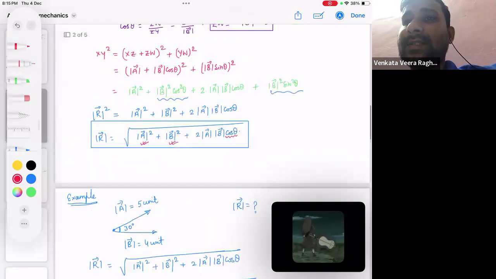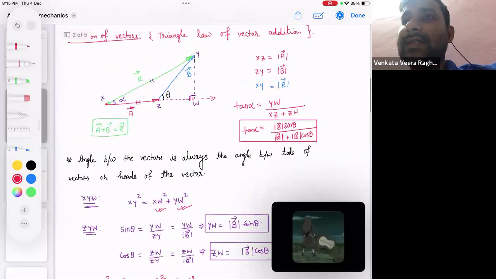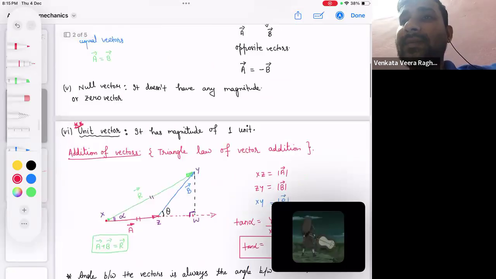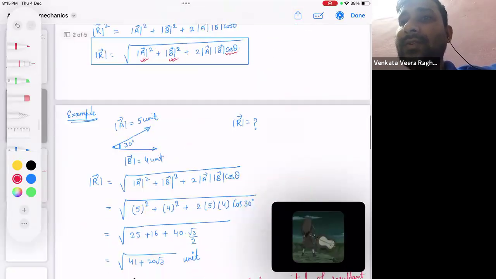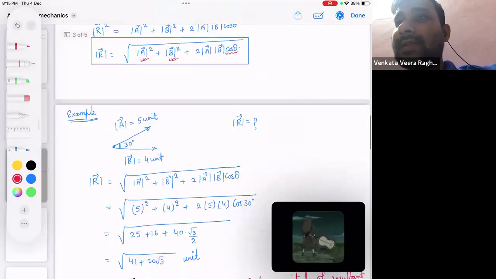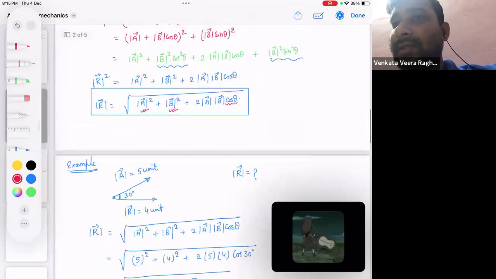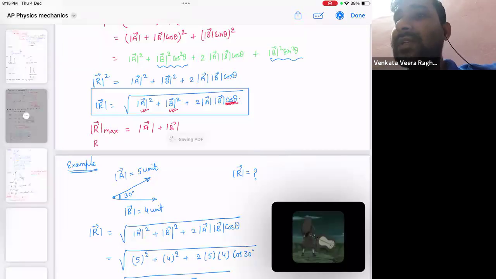See that resultant we have calculated, and the resultant is going to be maximum and minimum when. So for maximum, can we say that cos theta should be equal to 1, isn't it? The resultant vector maximum value is going to be the sum of the magnitudes of the two vectors. The resultant vector minimum value will be what?